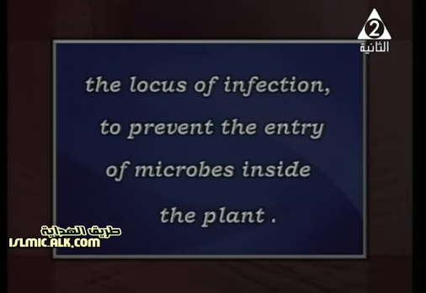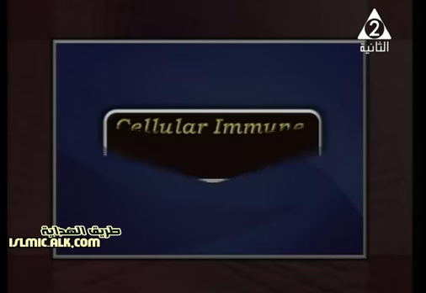The gum is secreted by the plant as a kind of response or activation to prevent the pathogen from entering the adjacent cells inside it, and also to prevent the entry of microbes inside the plant.